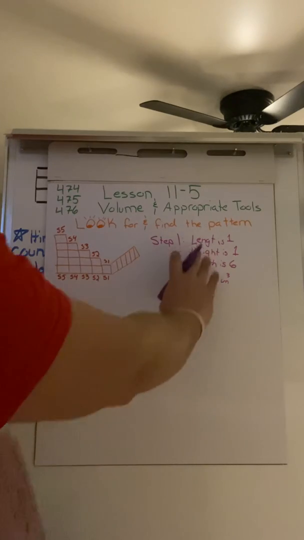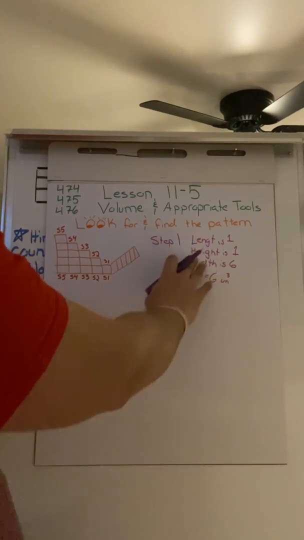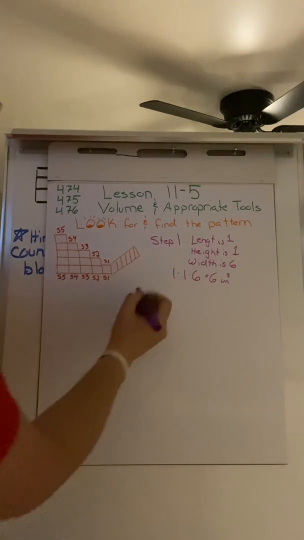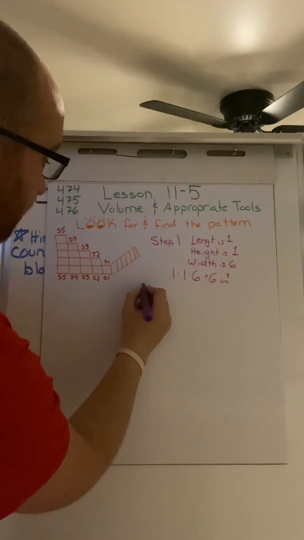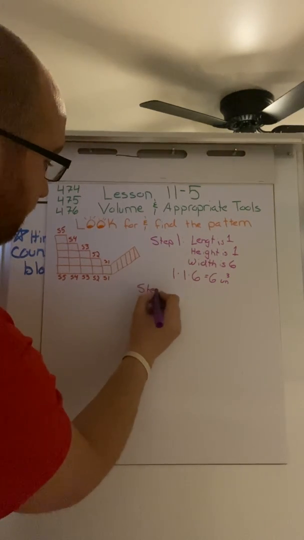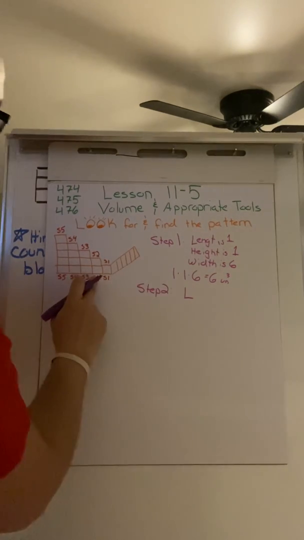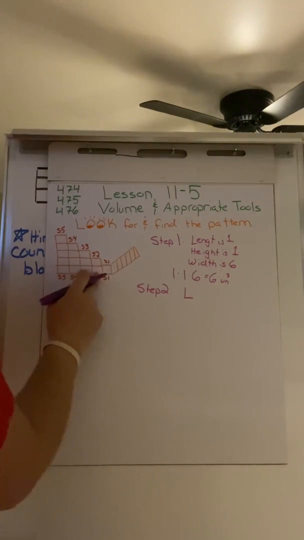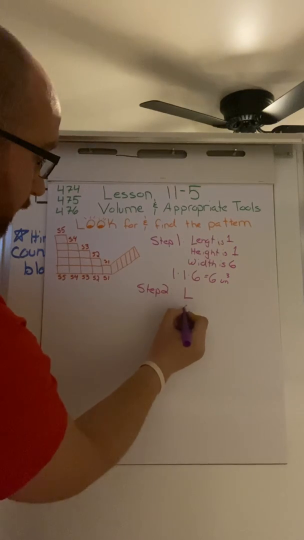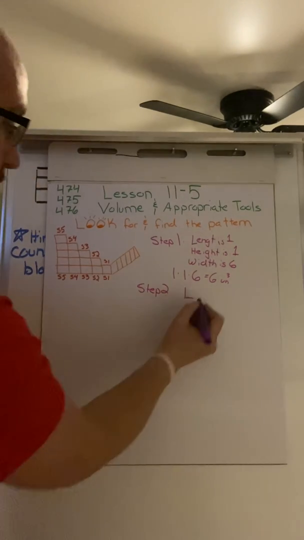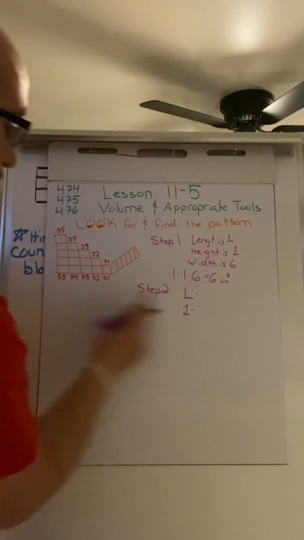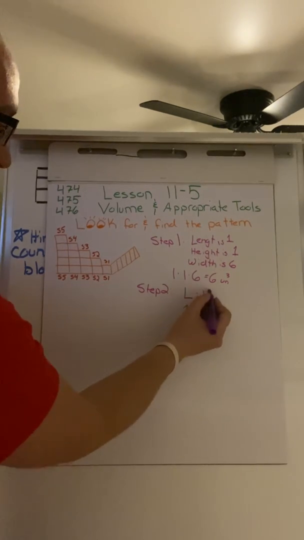Then I went to step 2. Now I'm going to abbreviate length, height, and width with L, H, and W. So step 2, my length, once again, going across on step 2, was equal to 1, times my height, which this time changed.